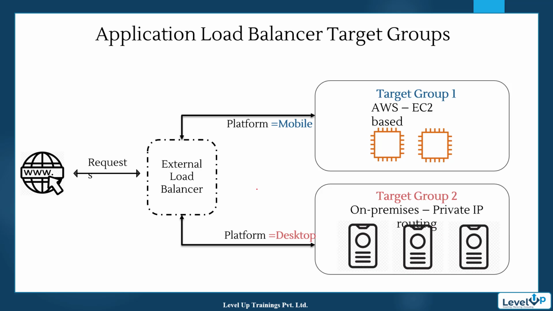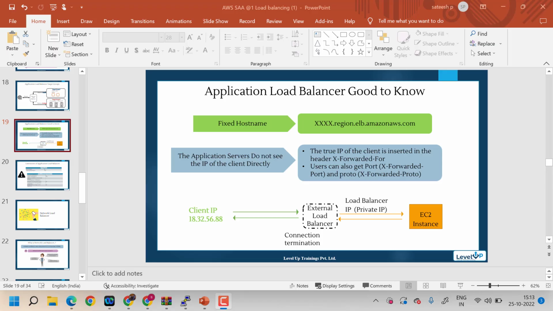But still our application load balancer can work. So we can create target group 1 and add the servers which are on AWS, and we can create target group 2 and add the servers which are on premises. We can also create an application load balancer in this way as well.